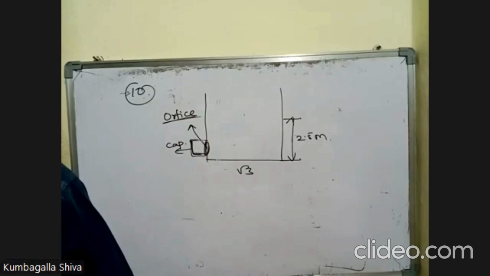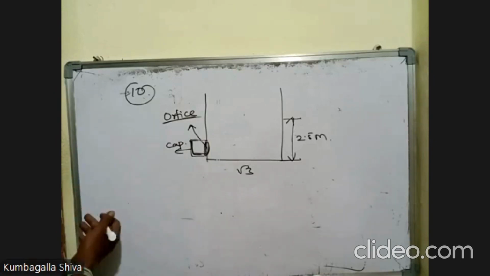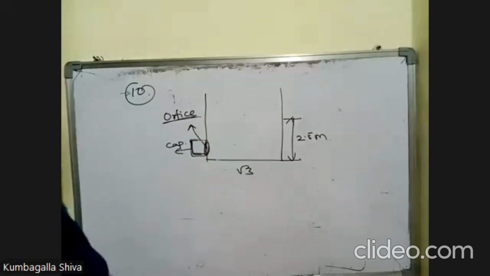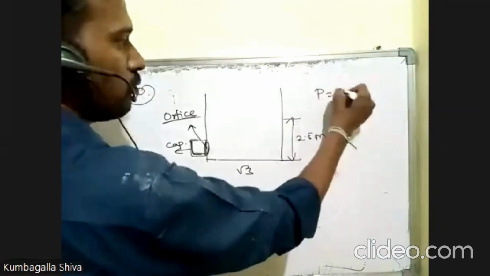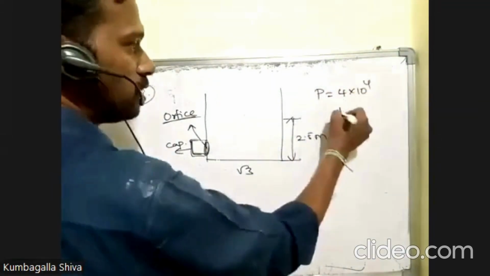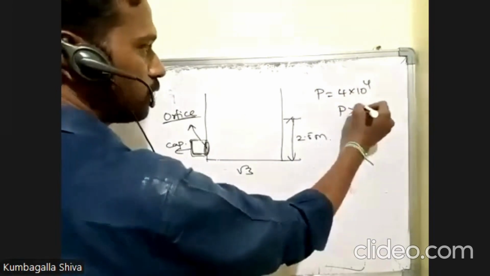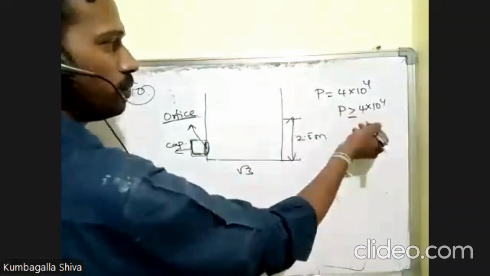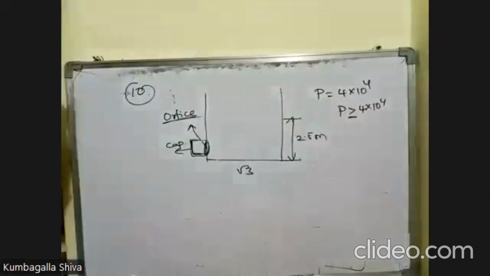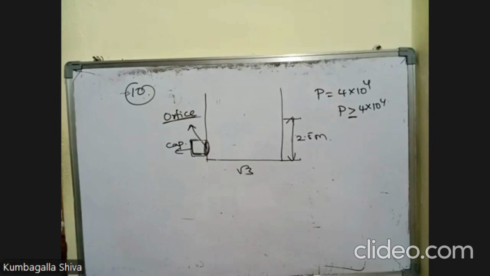The hole gets opened when the pressure near the bottom becomes more than 4 into 10 power 4 Pascal, or equal to it. Then what is the minimum acceleration that can be given to the container in the positive x direction so that the cap will come out of the hole?